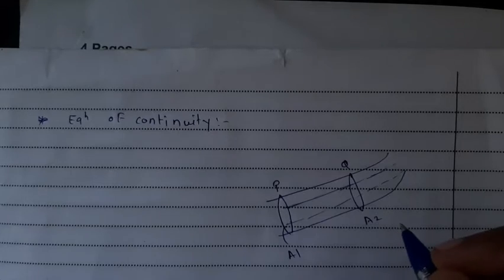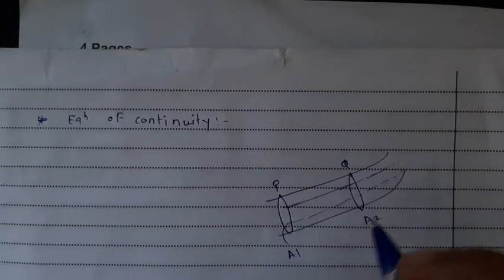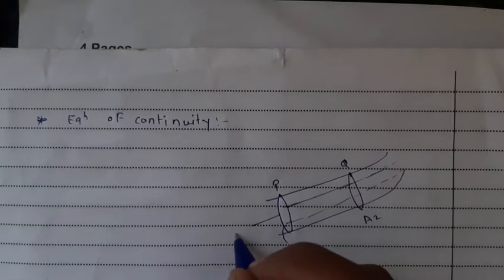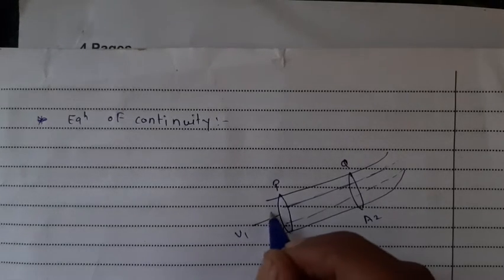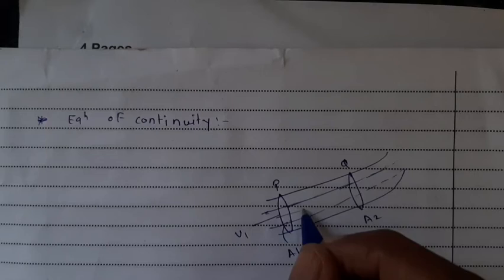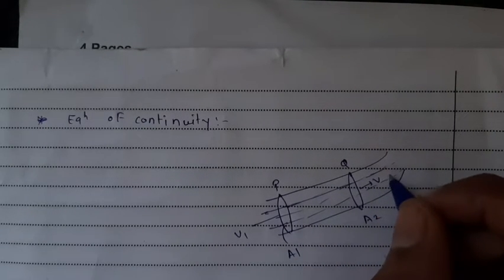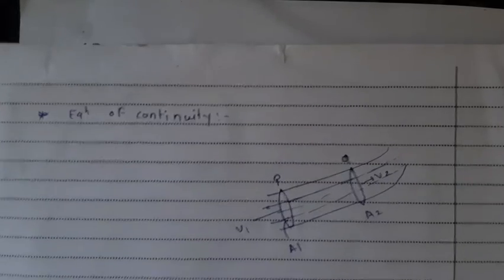We will assume that the velocity of the liquid at point P is V1, and V2 is the velocity of the liquid at point Q.